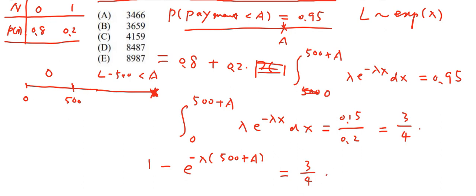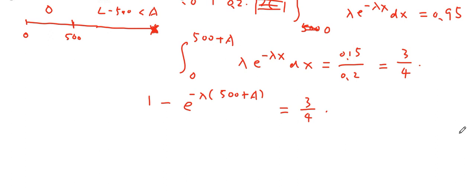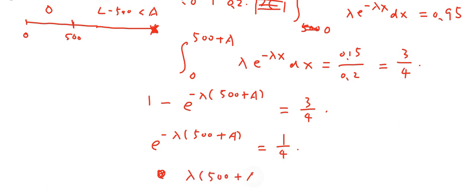Then we find e to the negative lambda (500 plus A) equals 1/4. So lambda times (500 plus A) should equal negative ln 1/4, or just ln 4.